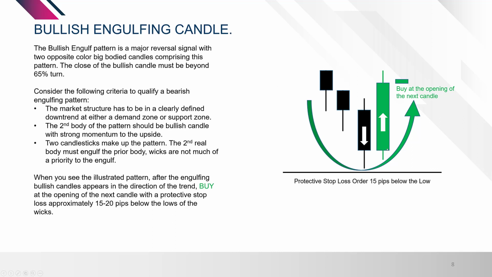When you see the illustrated pattern, after the engulfing bullish candle appears in the direction of the trend, buy at the opening of the next candle with a protective stop loss approximately 15 to 20 pips below the lows of the week.